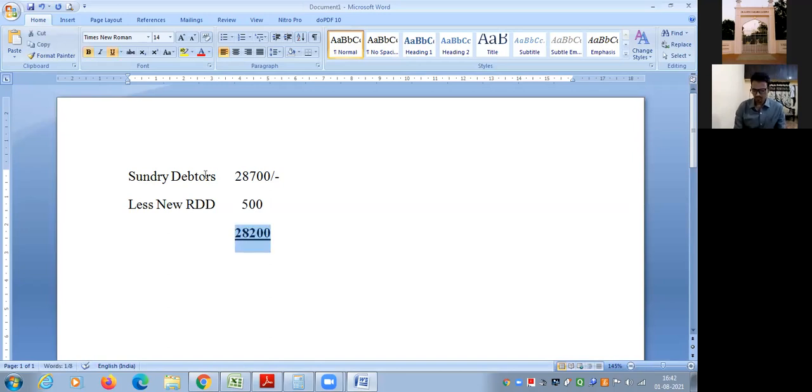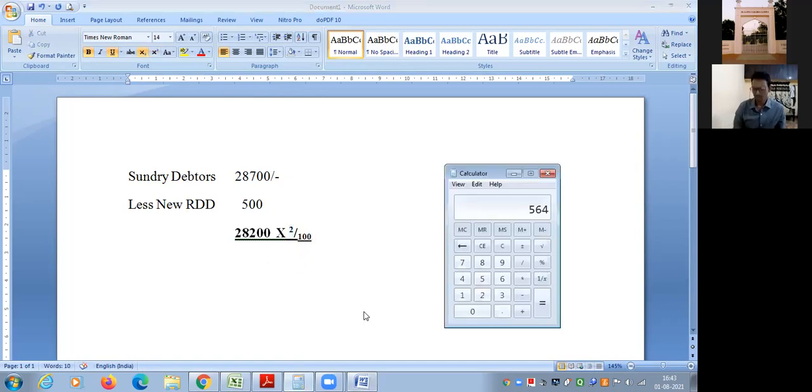On this amount, we have to charge 2%. So I will calculate here: 28,200 multiplied by 2 divided by 100, which comes to rupees 564.